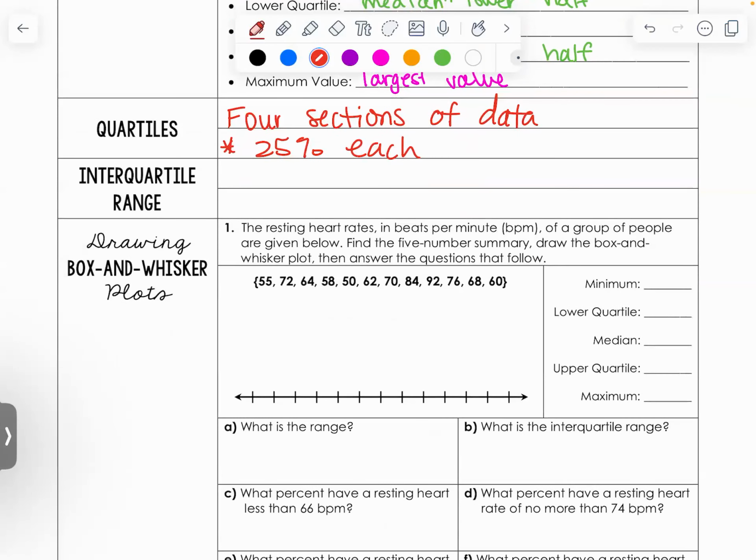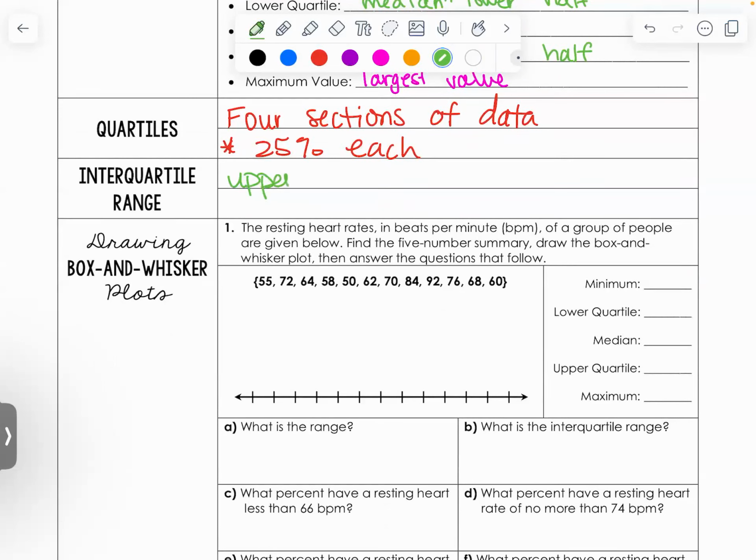Interquartile range. Well, I'm guessing it's some sort of subtraction problem. Ooh, I like where you're going, but no. Good.